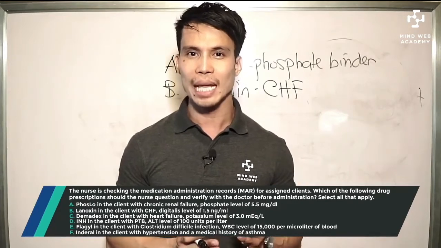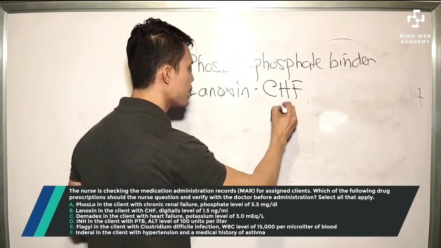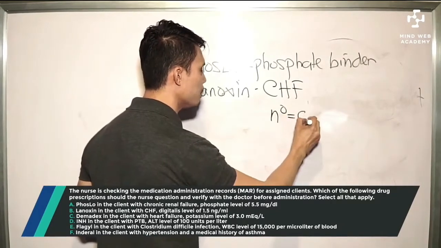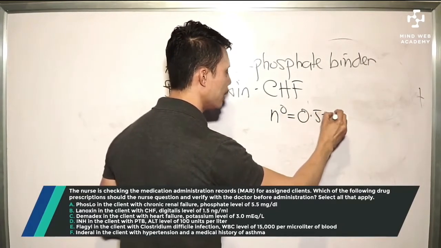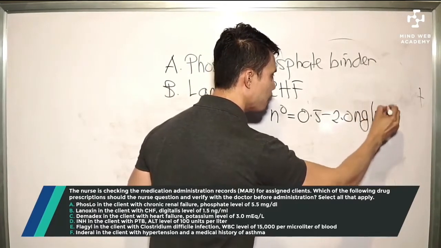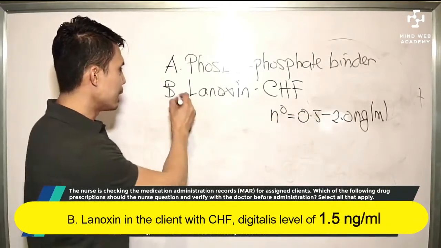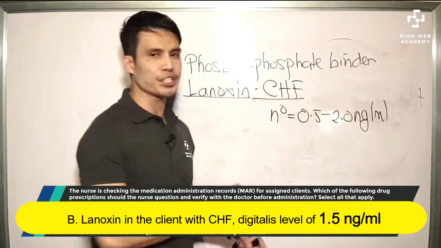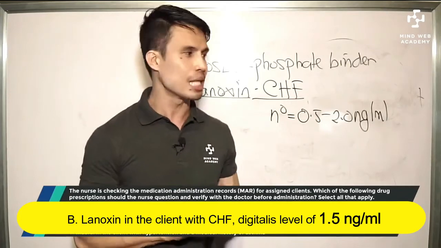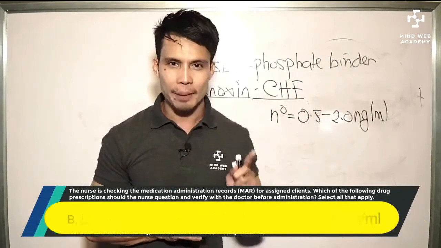What's the normal blood level of your lanoxine? The normal blood level, nurses, of your digitalis in the blood should be 0.5 to 2.0 nanogram per ml. Look at letter B. It's correct. Lanoxine is indicated for CHF and the digitalis level in the blood is around 1.5 nanogram per ml.